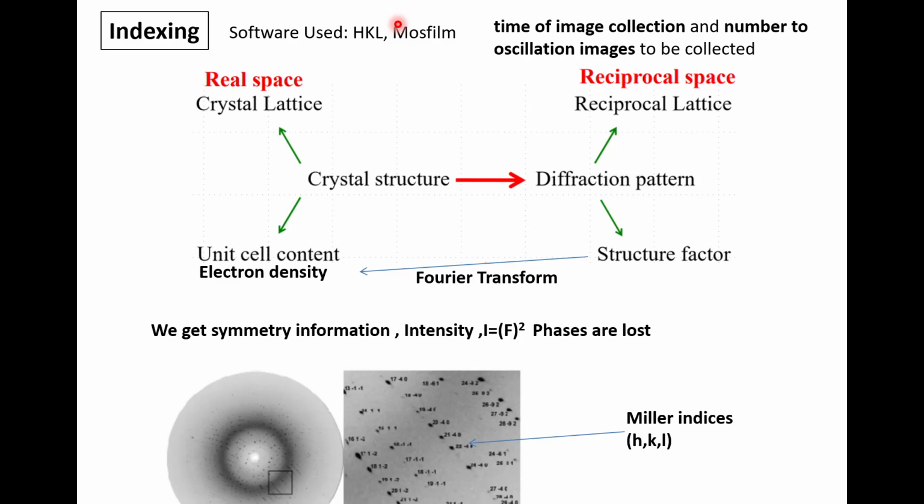But you want to minimize your data set, and for that, the diffraction pattern that you get is not in real space. This is a little bit difficult to understand, so try to understand it like you and your shadow.